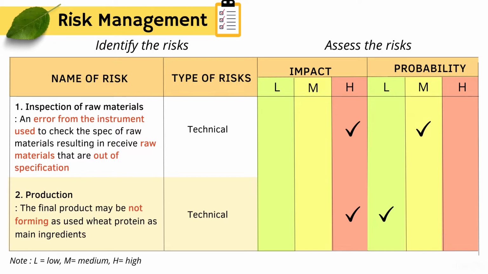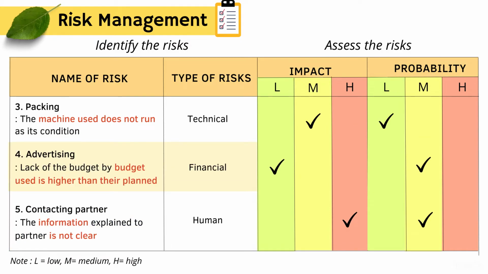The second one can occur during production and can affect the final product because the ingredients cannot form well during the forming step. This risk has high impact as well, but the probability that it occurs is low. The last technical risk is the machine not working as the setting condition during packing. This is medium impact and low probability.